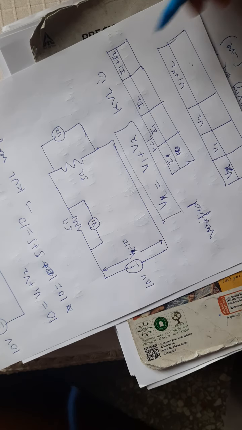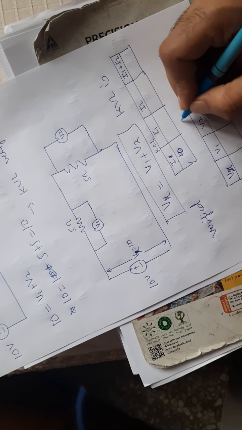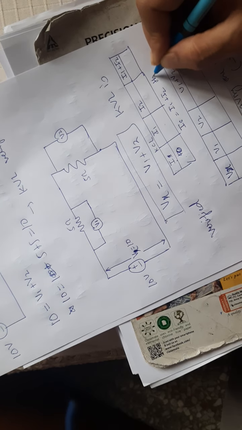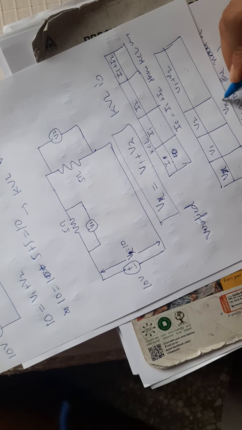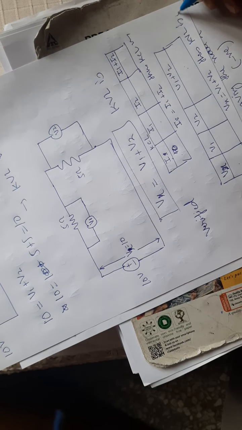After drawing the table you will comment below that the source current is equal to I1 plus I2, thus KCL is verified. Here you will say since Vx is equal to V1 plus V2, thus KVL is verified.